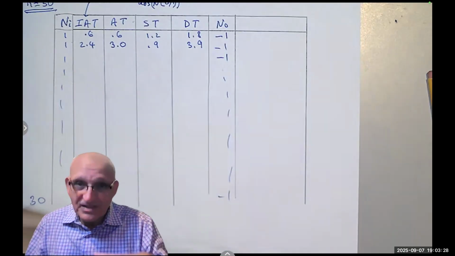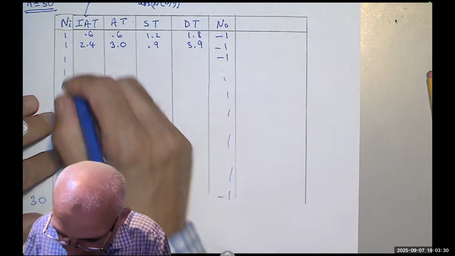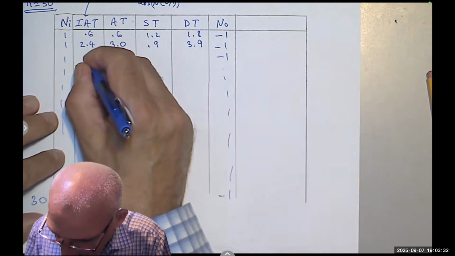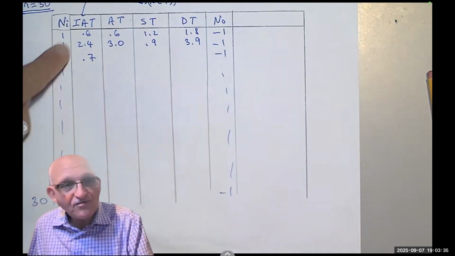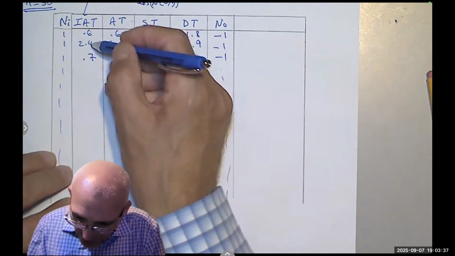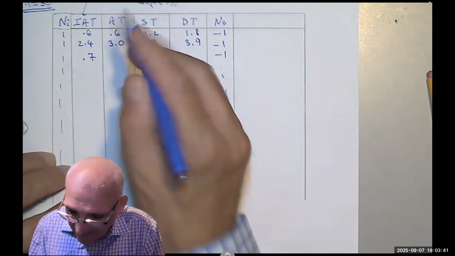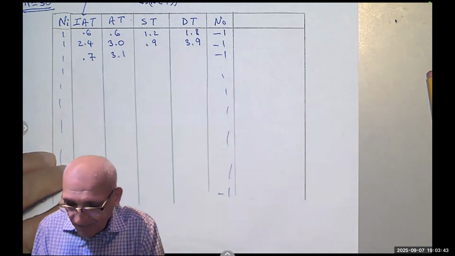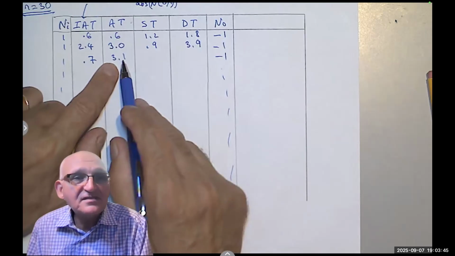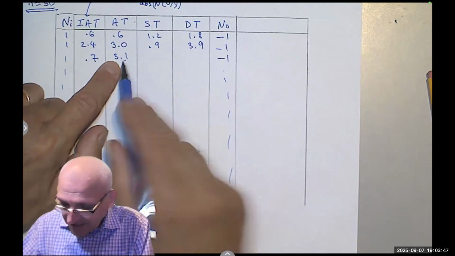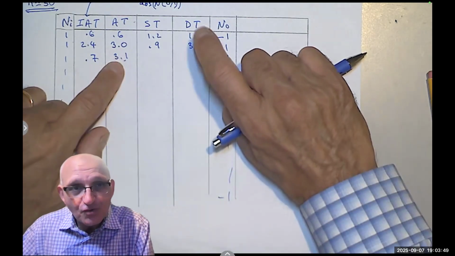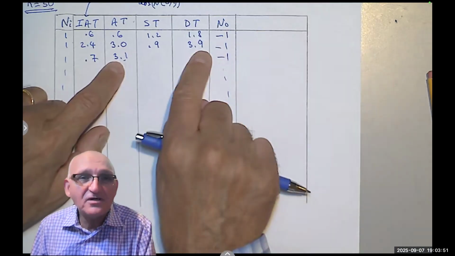The third customer, and then I'm going to stop, suppose came with 0.7 inter-arrival time, meaning 2.4 was the previous customer, and plus 0.7, it's 3.1. Oops, can't go in service right away. I need to take the maximum of these two values because I still have a car at the window.